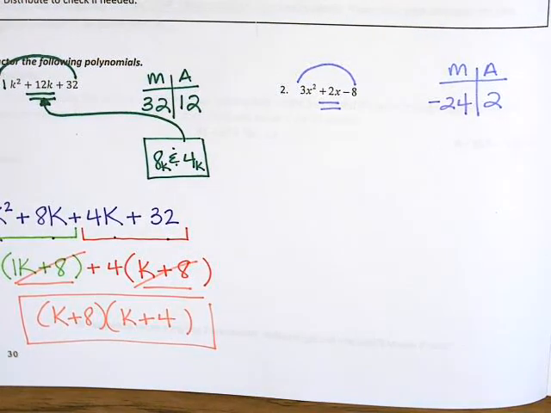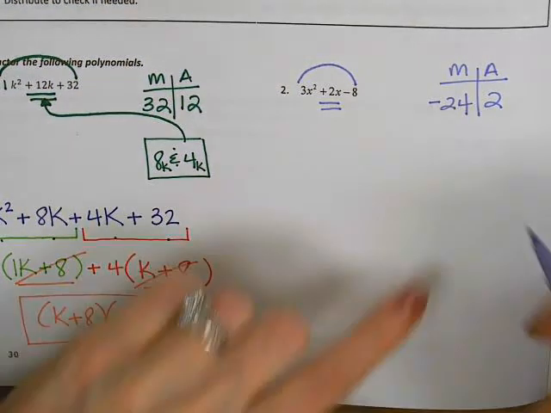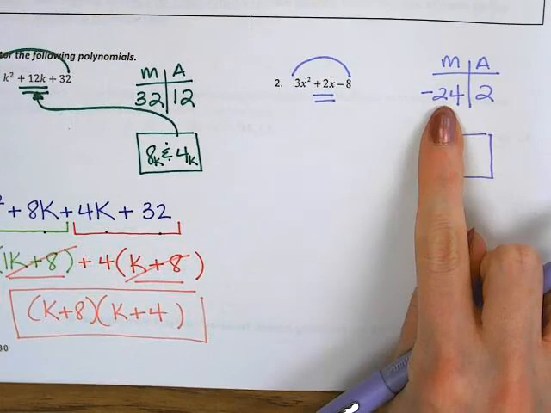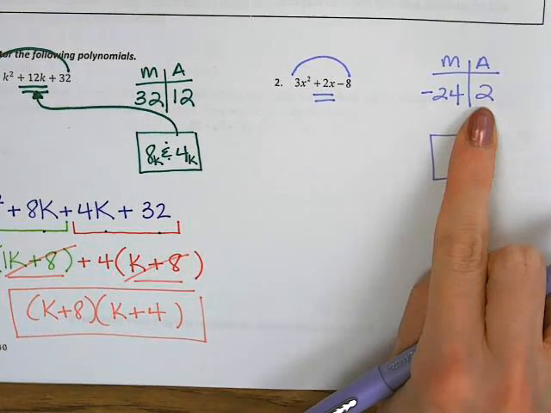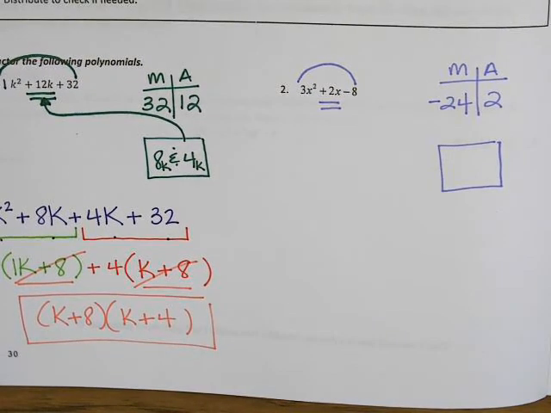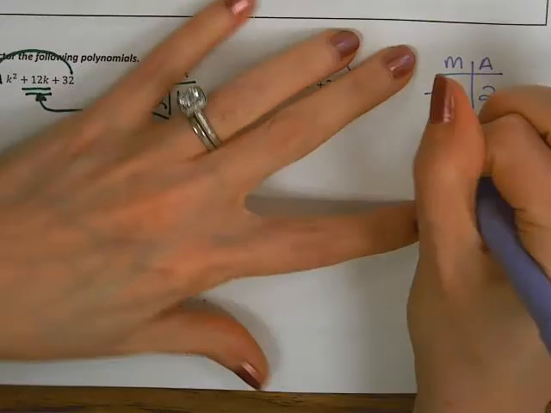You've got to multiply those. Give me two numbers that multiply to negative 24 but add to 2. This might take a little bit of work. If you need help, make a list.